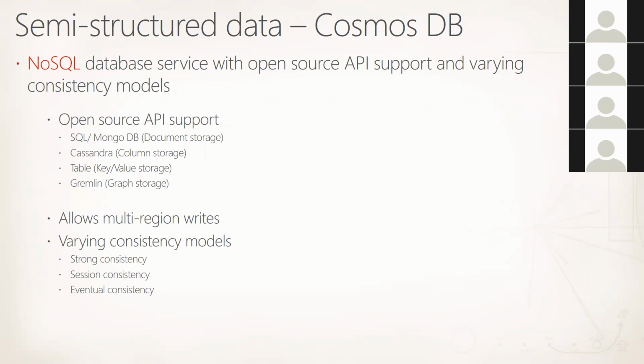But in this scenario, it allows multi-region writes. For example, let's say your application is available in Asia, you can have one Cosmos instance where people from that region can access it, and maybe people from Australia can have their own instance and write to that node. But how can we ensure that all the databases are consistent at the end of the day?